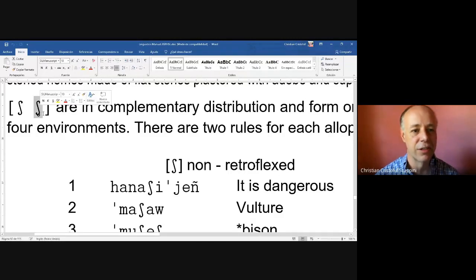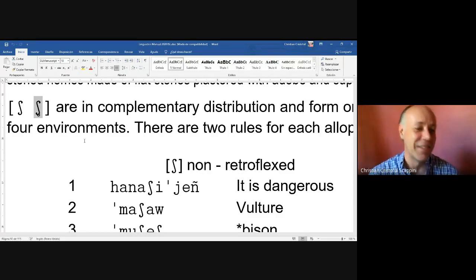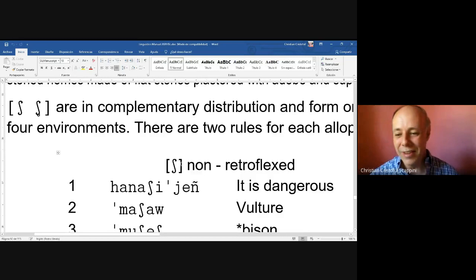So how to pronounce these two? The first one we know is like shampoo, right? So sh. And the de-voiced one is without the voice. Something like that. I cannot reproduce the sound, definitely, but that is irrelevant regarding the exercise.